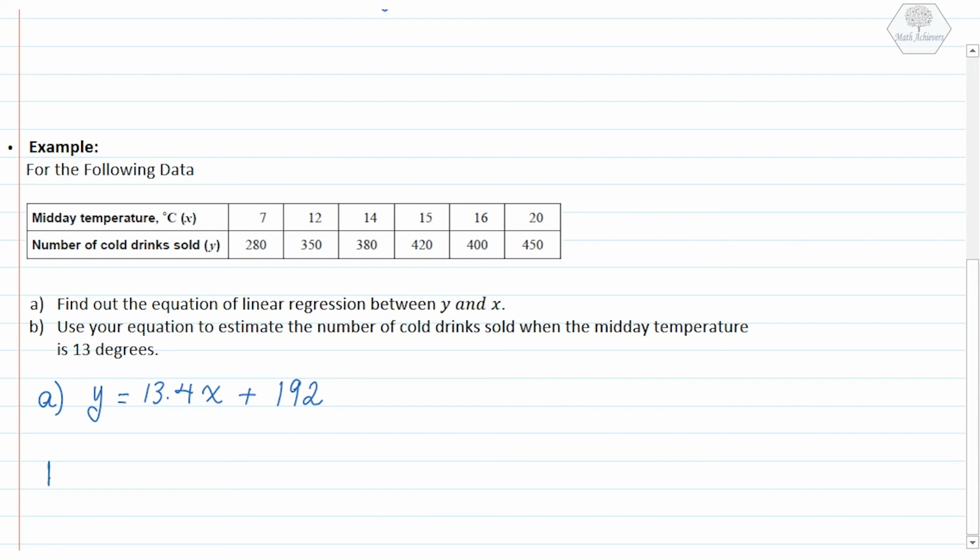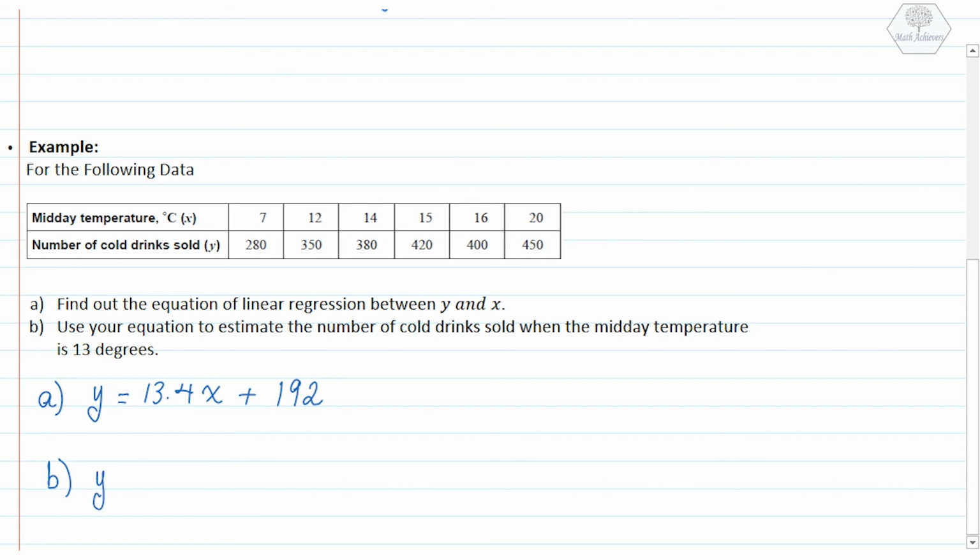To answer part B of this question, we need to use our equation to estimate the number of cold drinks sold when the midday temperature is 13 Celsius. So simply I have to substitute the 13 Celsius instead of x.